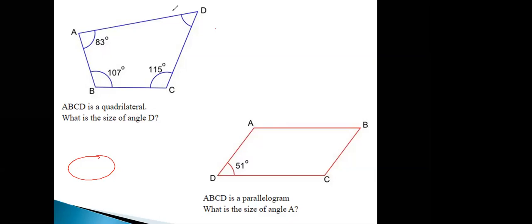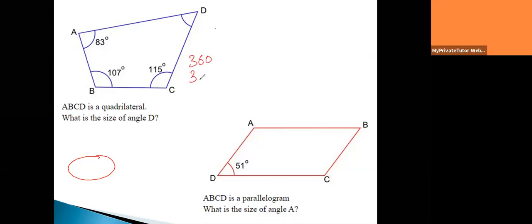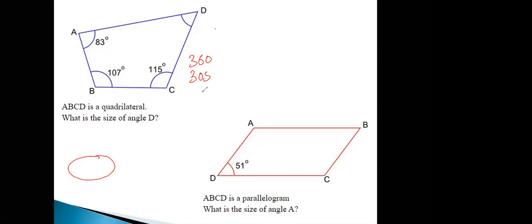So if we add all the given angles, we will get 305, and then we need to subtract from the total. All 4 angles add up to 360, so we get 55. Yes, Joseph, whatever you said is correct. That's excellent. So angle D is found.